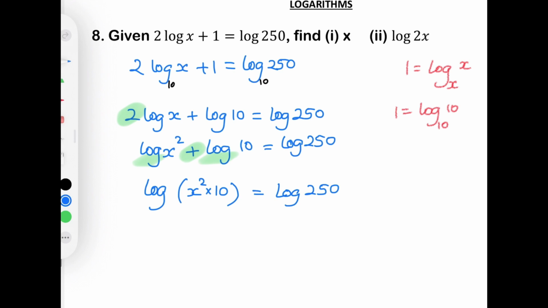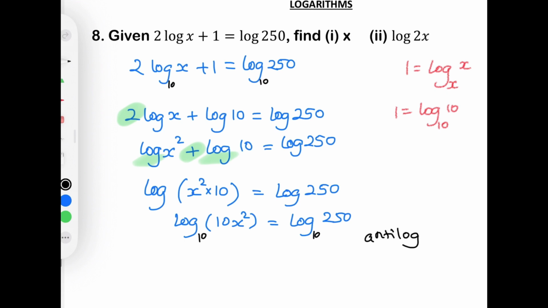So now we are left with logarithm of 10x squared is equal to logarithm of 250. The base of the logarithm on either side of the equation is same. So we can remove logarithm from both the sides. That is known as taking anti-log on both the sides.